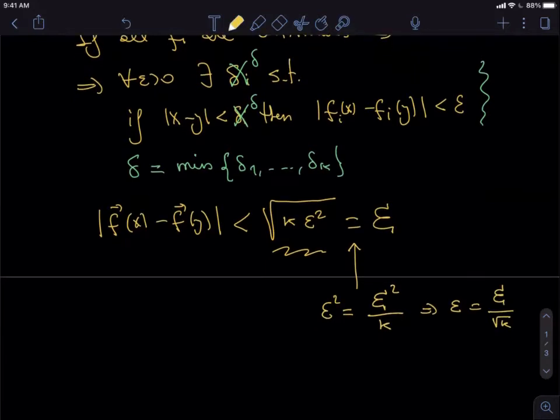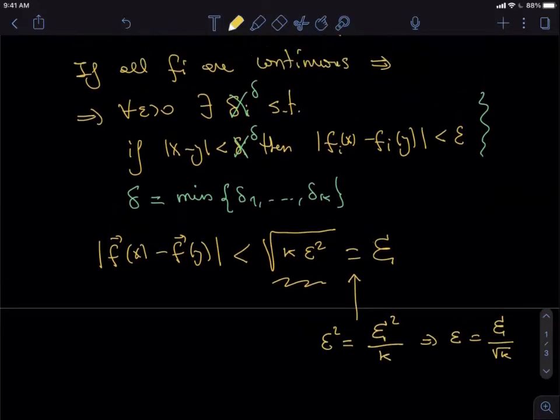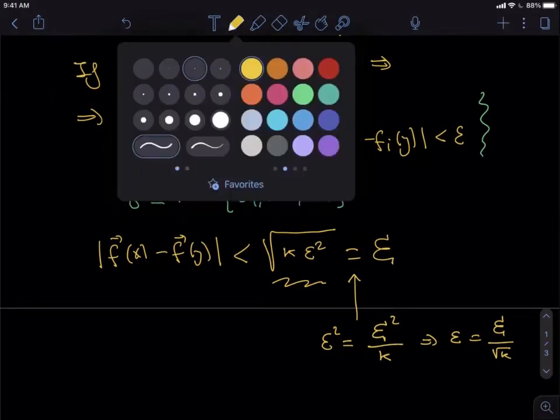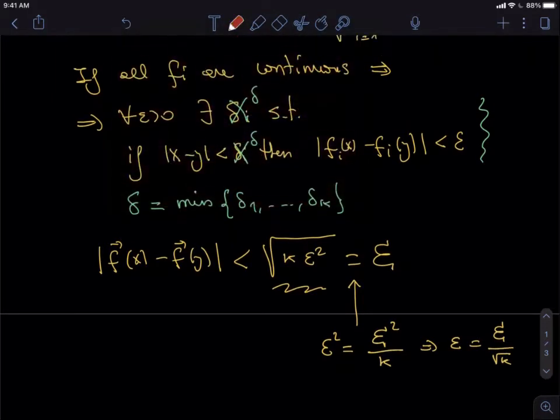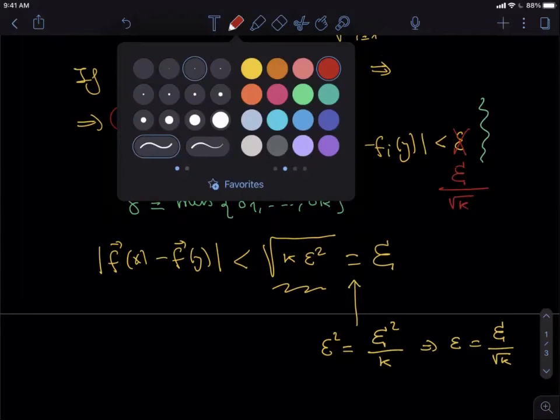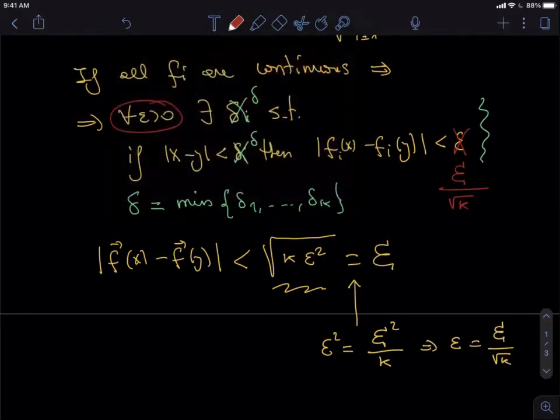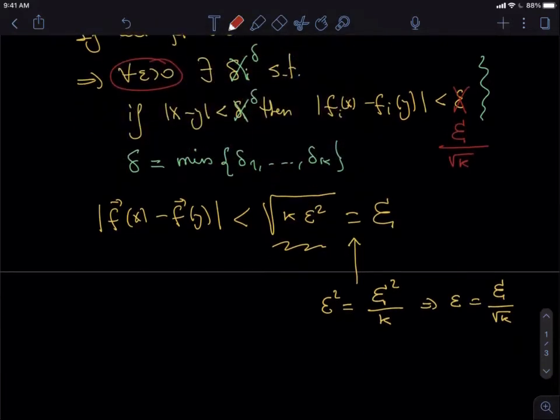So I'm going to go back here where I said for every epsilon, and take a particular value of epsilon, which is this one, capital epsilon divided by square root of k. And if I do that, see what happens.